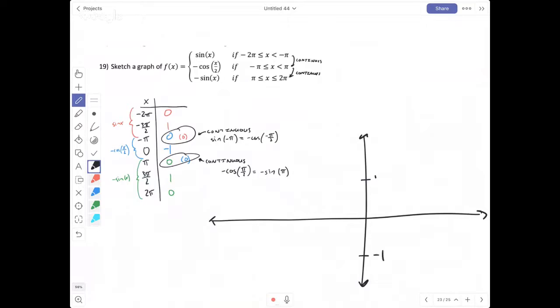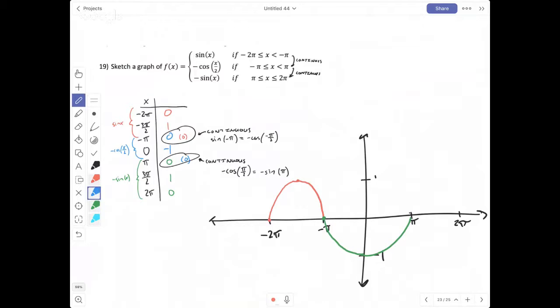1, negative 1, negative pi, negative 2 pi, pi, 2 pi. So we've got 0. Okay, red part first. Red part up to 1, down to 0. Cool. And then it switches to the green part here, and it goes down to negative 1, up to 0.